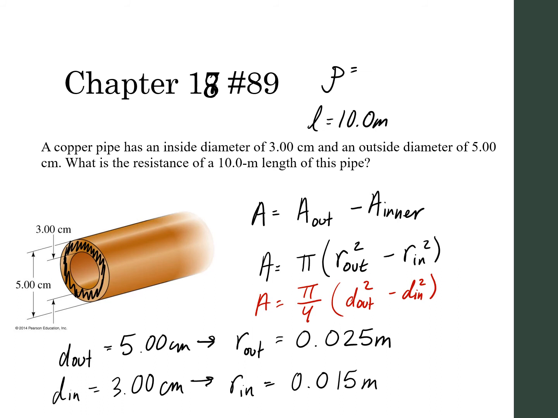Our resistivity from table 18.1 is 1.68 times 10 to the negative 8 ohms times meters. So now we have all of the information we need in order to go through and solve for the resistance of this particular pipe. So let's go ahead and do that on the next slide.